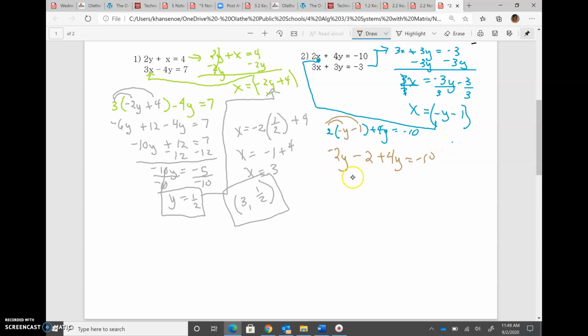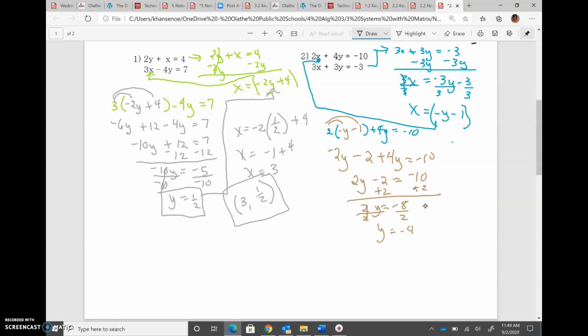Combine like terms, I get 2y minus 2 equals negative 10. I'm going to add 2 to both sides. So I get 2y equals negative 8. Divide by 2. I get y equals negative 4.